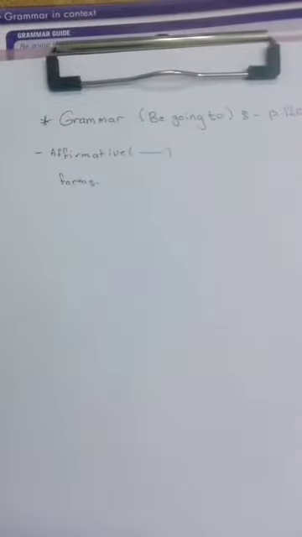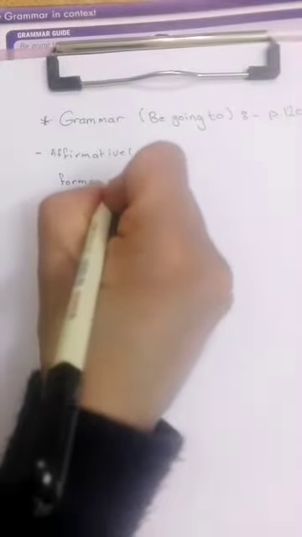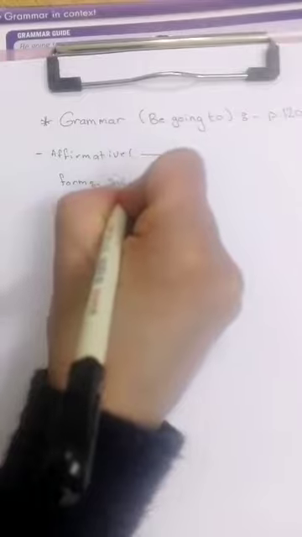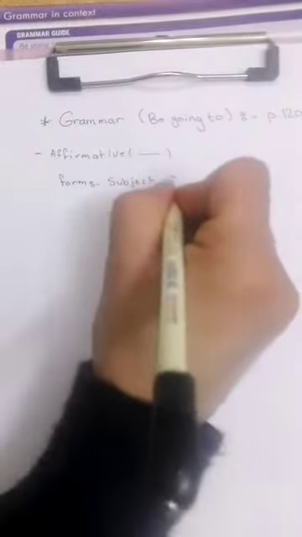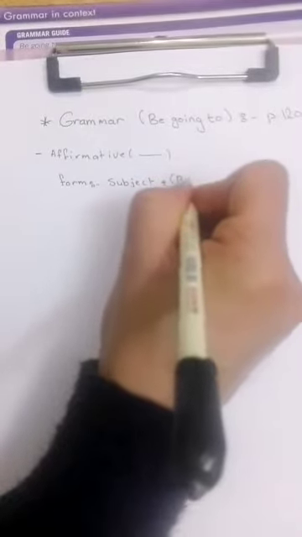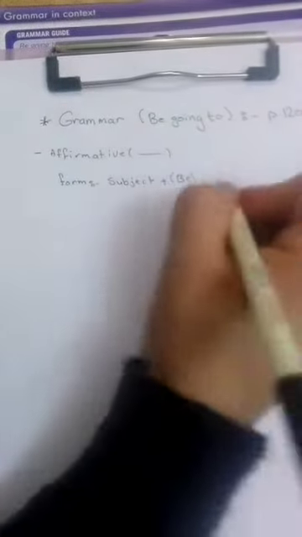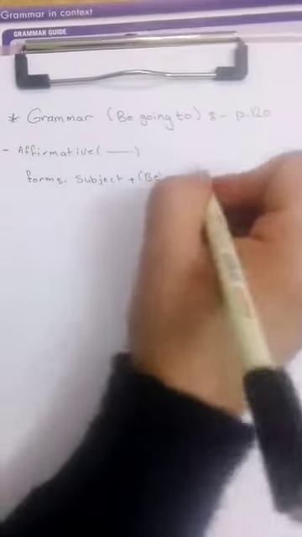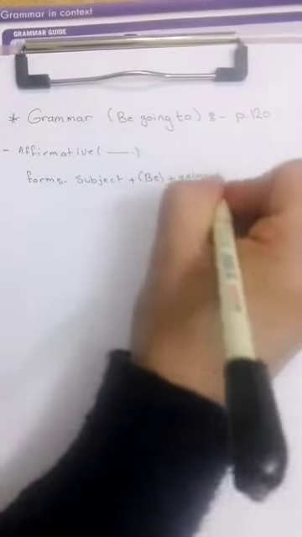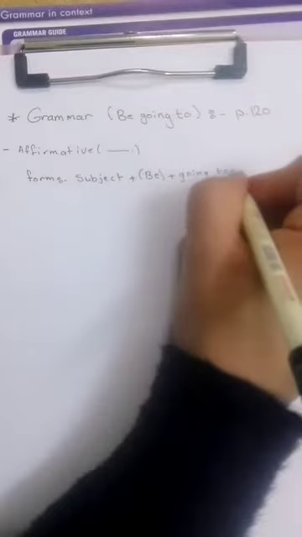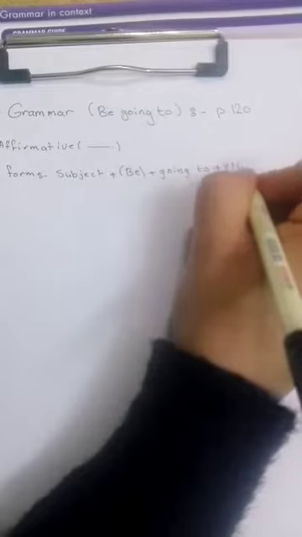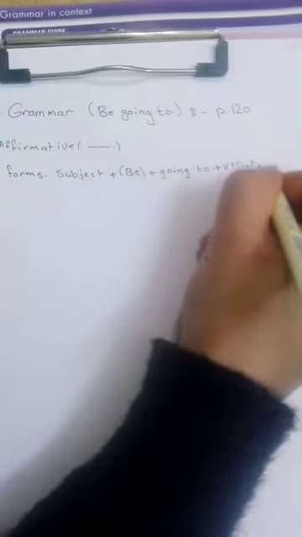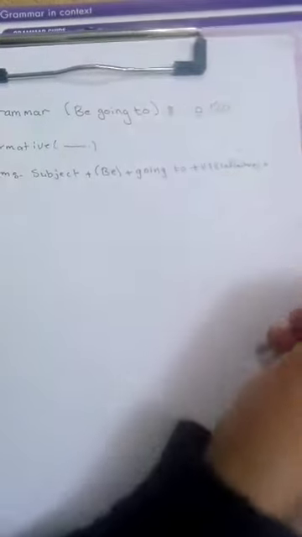We use the subject, plus the verb to be, plus going to, plus verb 1, and it should be infinitive, plus the rest of the sentence.